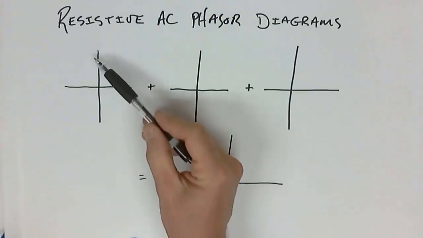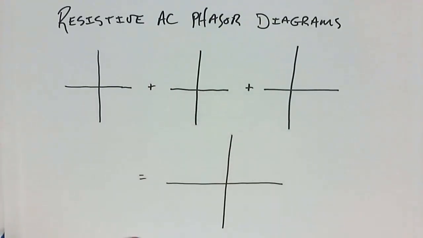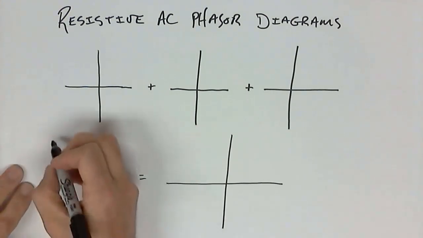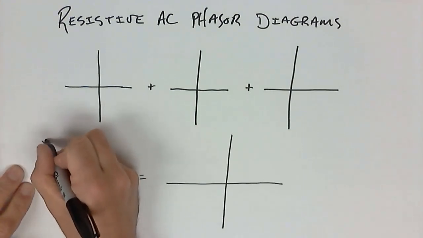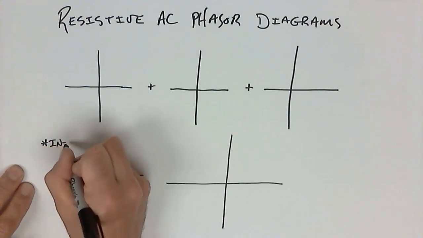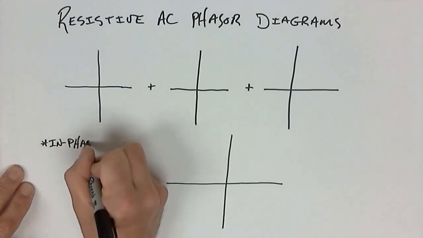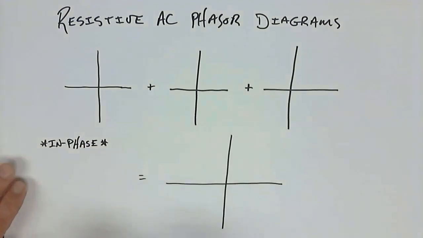So the way that a phasor diagram works is we need to have a Cartesian plane. And then we are going to start scribbling in our different phasors. Now remember, for resistive, what's the one thing we remember? Resistive means that the items we are going to discuss are in phase. So let's first start on our Cartesian plane by sketching our current value.